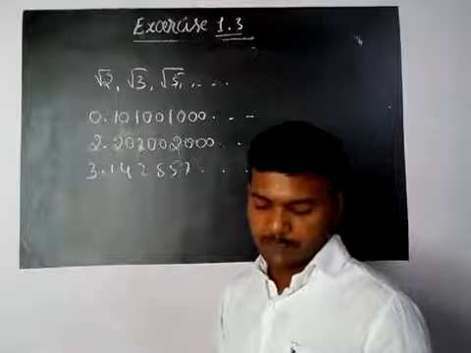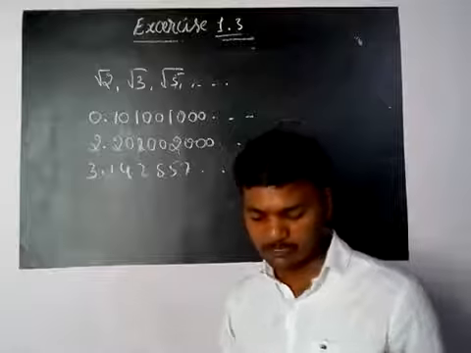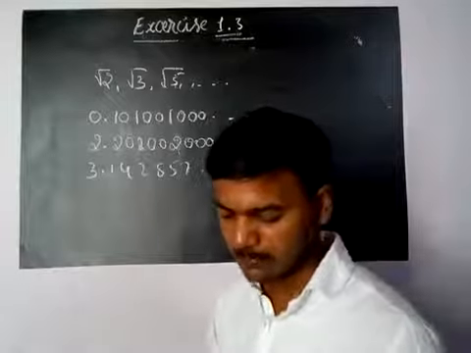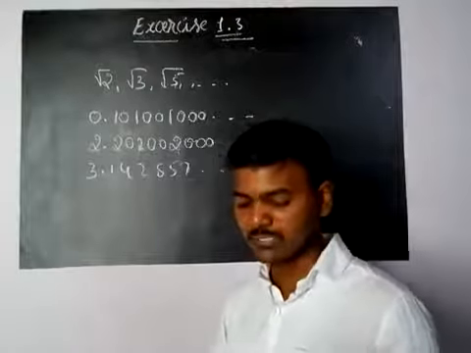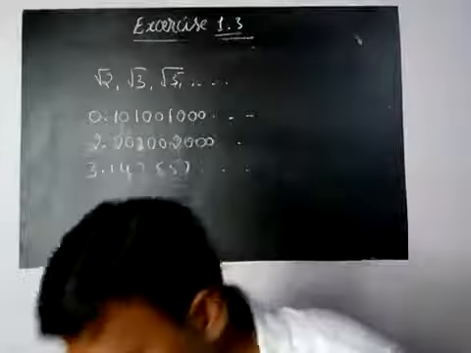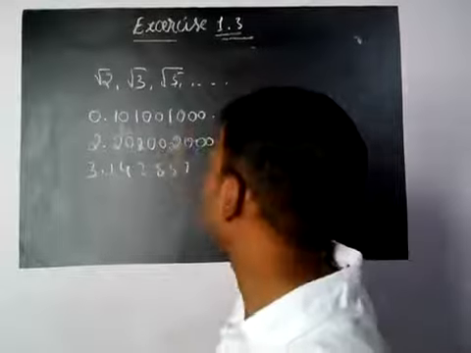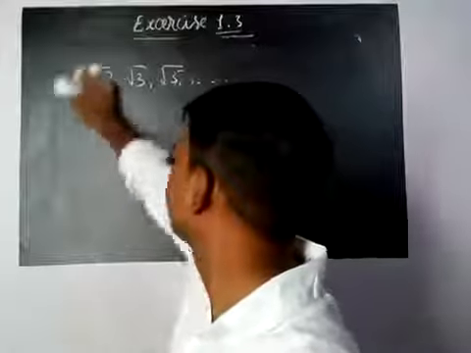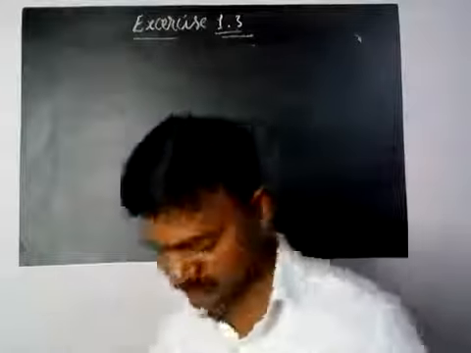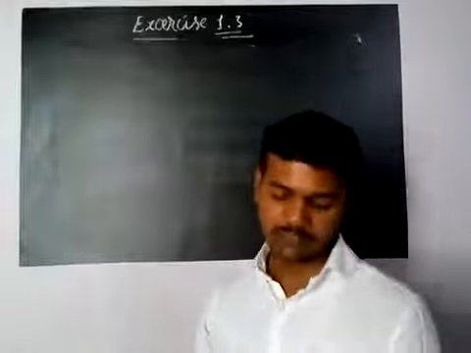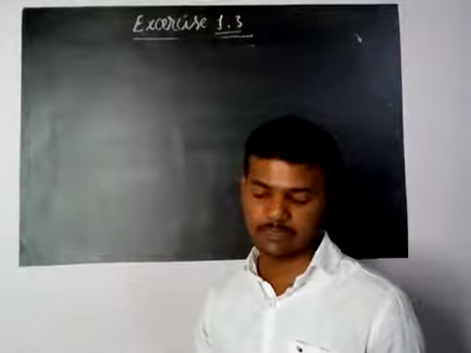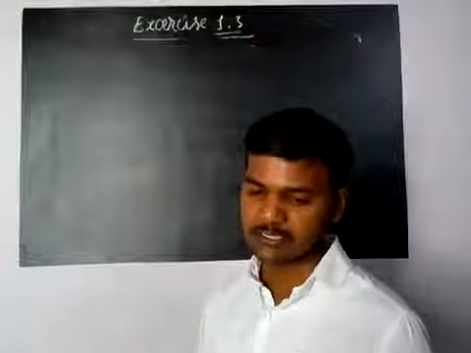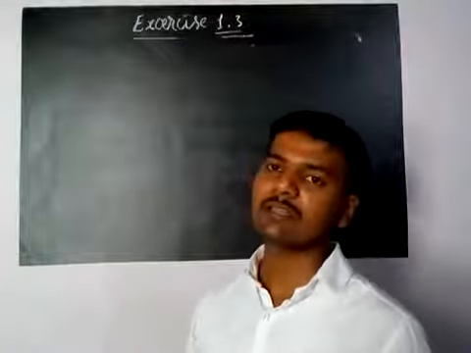Next, find 3 different irrational numbers between the rational numbers 5 by 7 and 9 by 11.